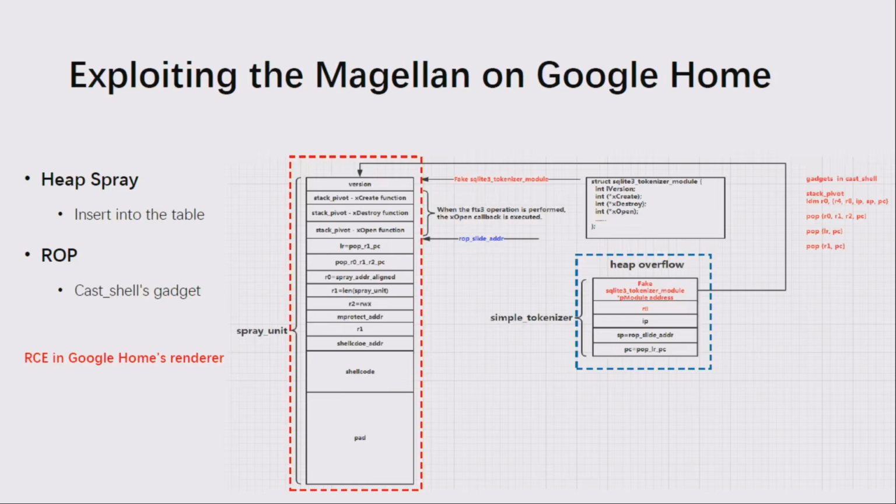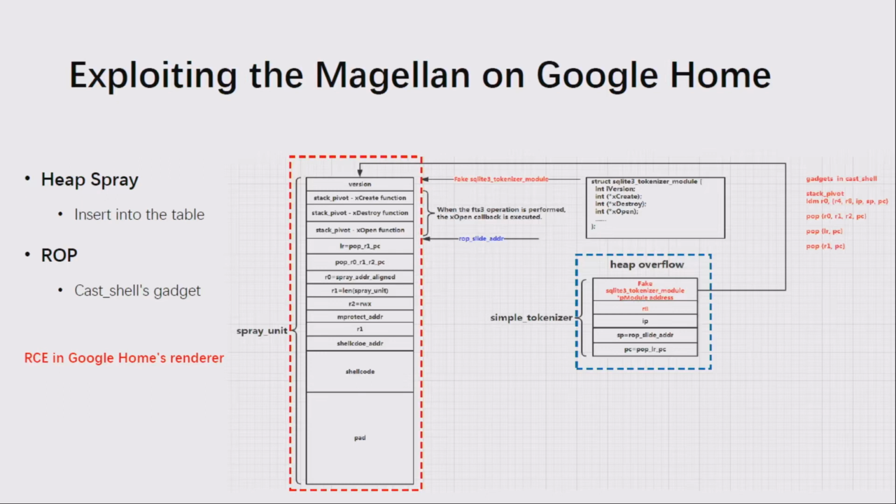In the picture on the right, the red lines mark the heap spray units, which fake the tokenizer module and ROP gadget. The xCreate and xOpen addresses in the fake tokenizer module structures will be assigned the stack pivot address. The blue line marks our fake simple tokenizer structures.